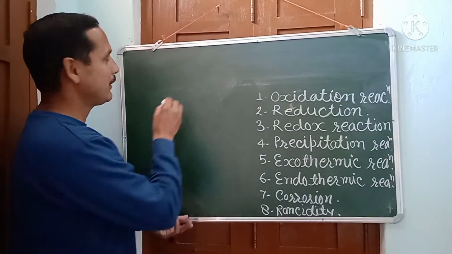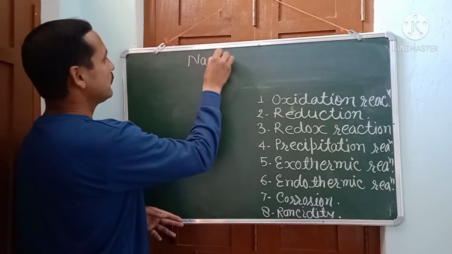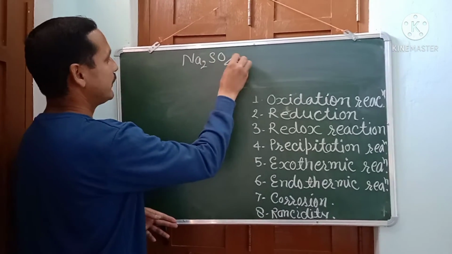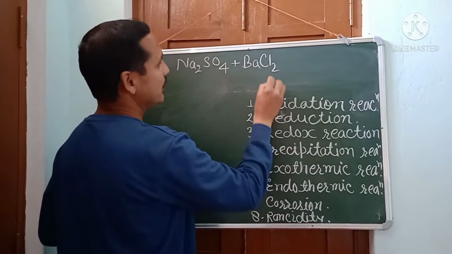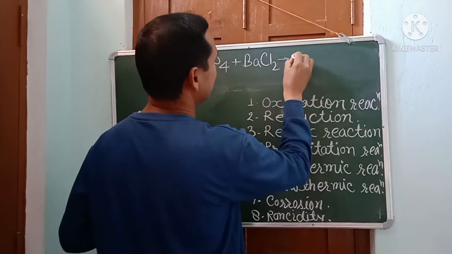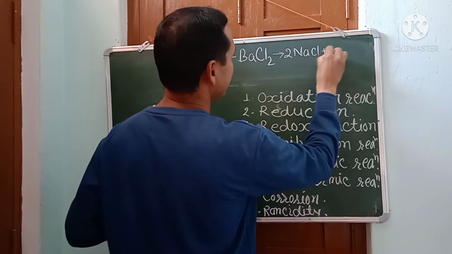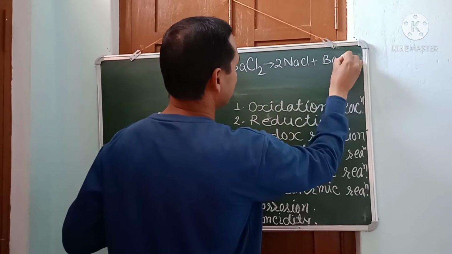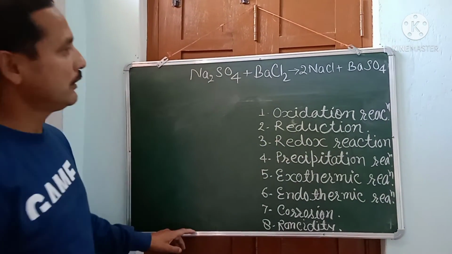Let's have an example: when sodium sulfate and barium chloride are mixed in water, sodium chloride and barium sulfate are obtained.